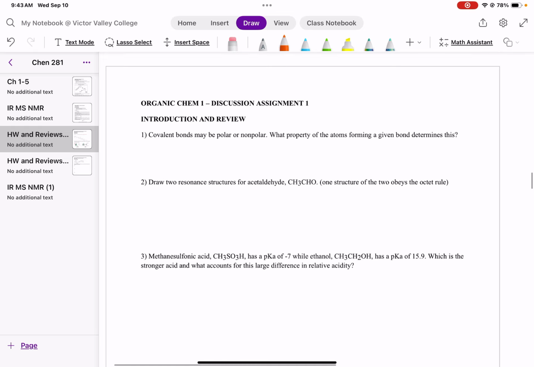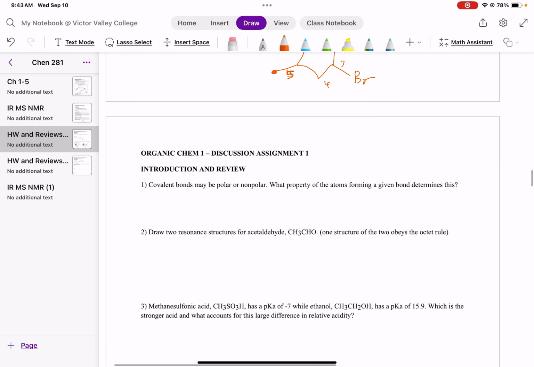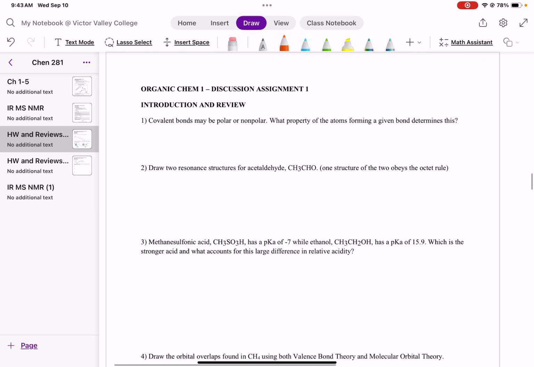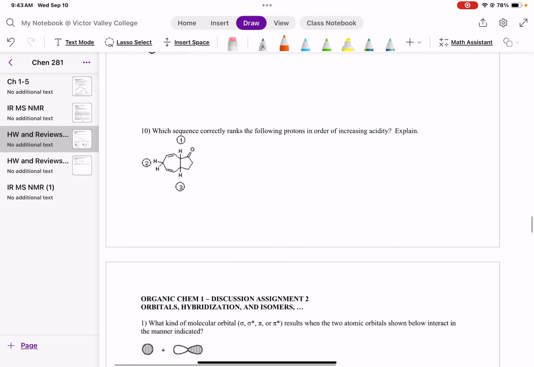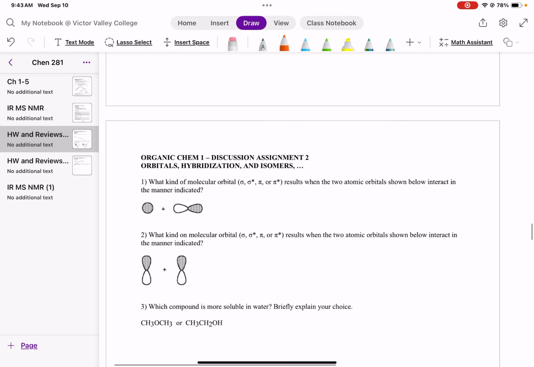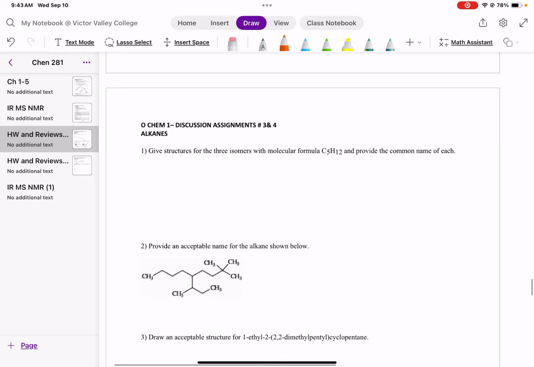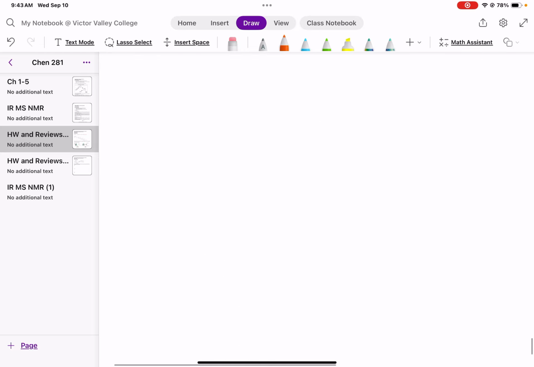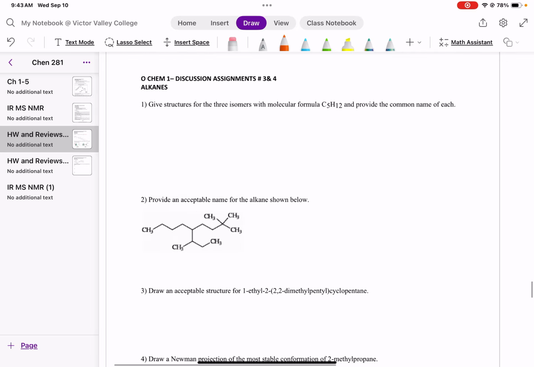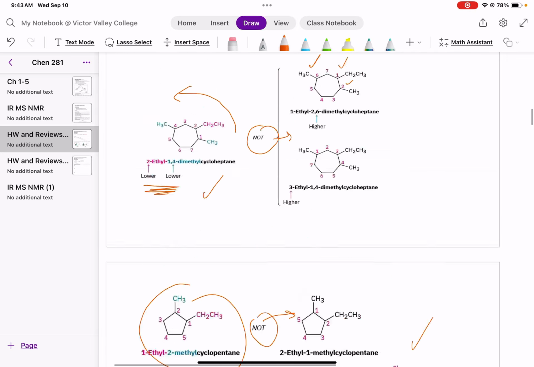Okay. That ends the additional practice, and then you've got the discussion assignment. This is your homework, and please give the homework a try and check out the answer key. I posted the answer key on Canvas. Check out the answer key, but you should try them by yourself first, all of this before you check the answer key.